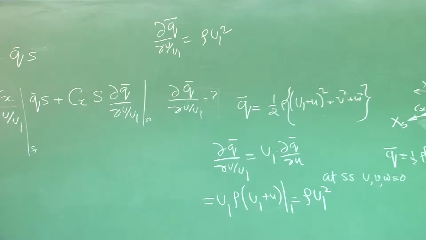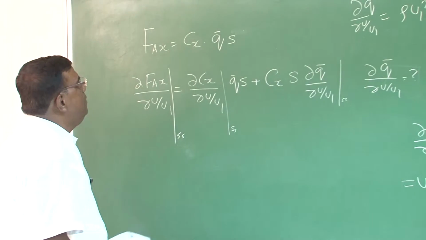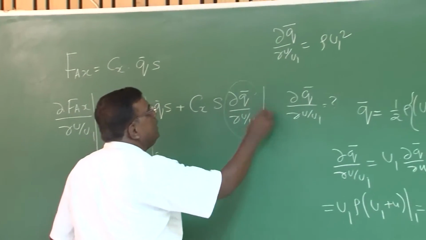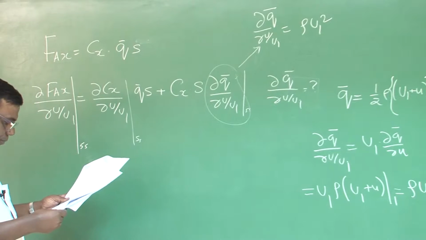Okay. So if I want to write dfAx by du by u1, what will be my result? I have to change this term because we have evaluated this by this term. First step, right.